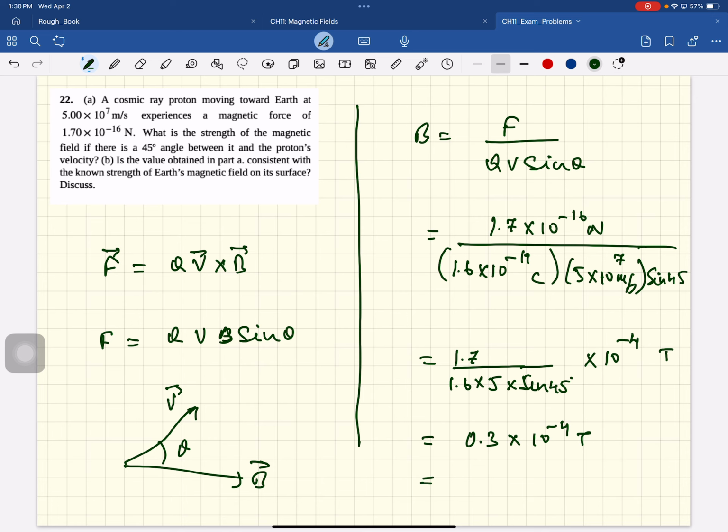And 10 to the minus 4 Tesla is a Gauss, so 0.3 Gauss. Okay. So that's the magnetic field.